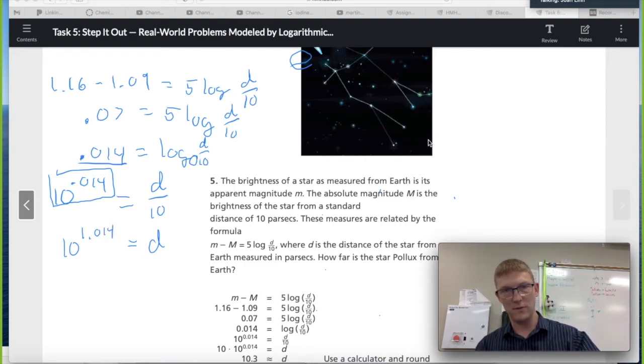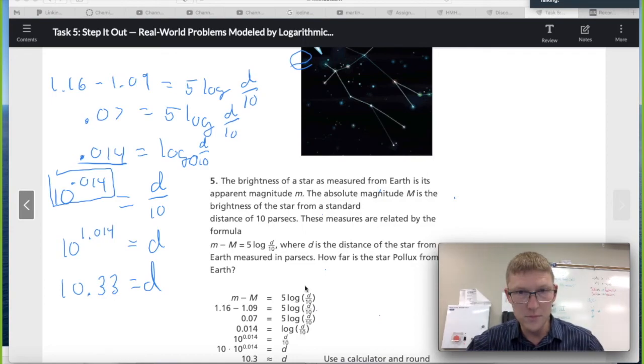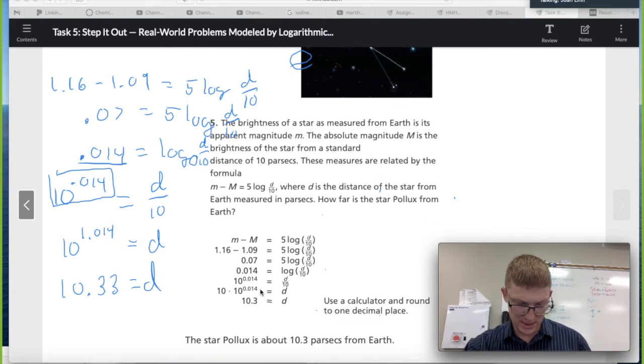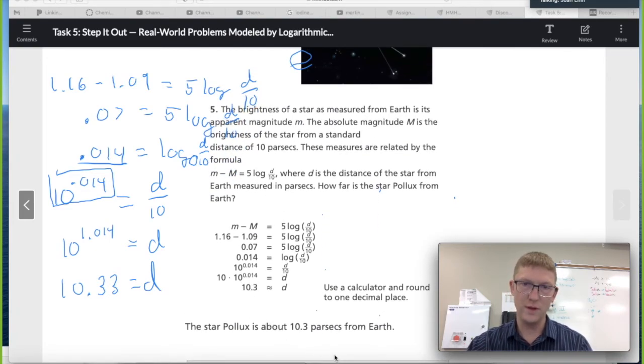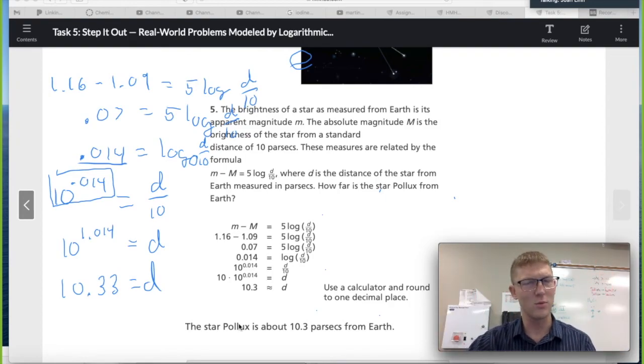Now that is something you can finally put into your calculator. 10 to the power of 1.014 is 10.33, equals d, which is what they got. So that means that Pollux is about 10 parsecs from Earth. Also, for my Star Wars fans, that's why making the Kessel Run in 10 parsecs is not a real thing.